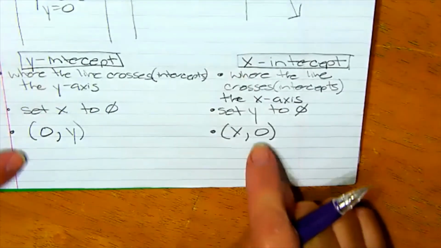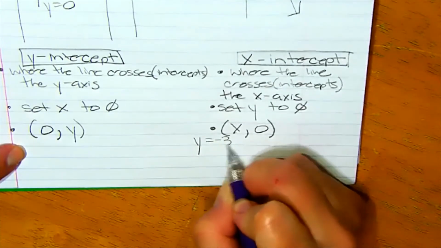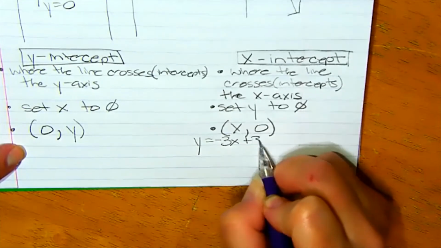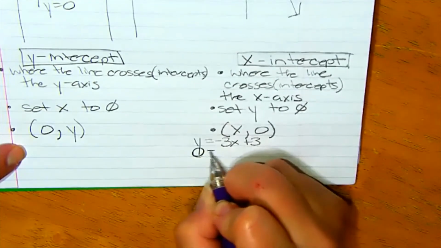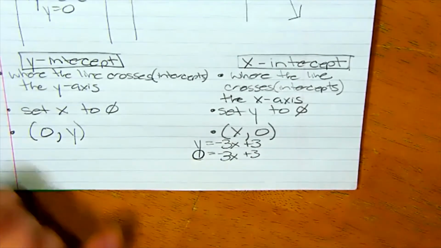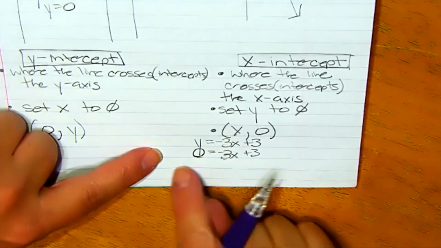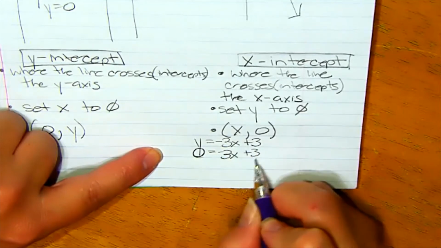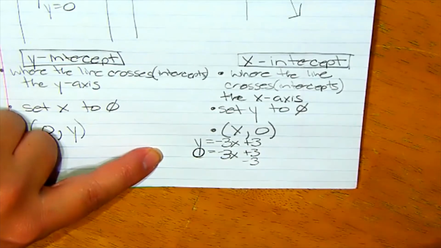Now, we need to set y to 0. So our equation is y equals negative 3x plus 3. So we need to set y to 0 and solve for x. Can we do that? Absolutely. This is what we did in Unit 1. This is now an equation, and we're solving for the variable. So I need to get rid of this plus 3. I'm going to use inverse operations and subtract 3.